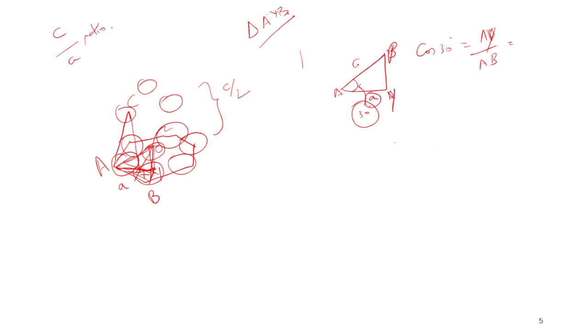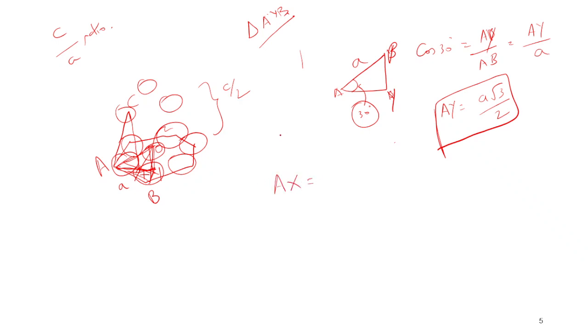So we know AB is nothing but your A, and so to find AY it is A cos theta, and cos 30 degrees is root 3 by 2, right? So A into root 3 by 2. Now we got the AY value. Now we have to find the AX value.